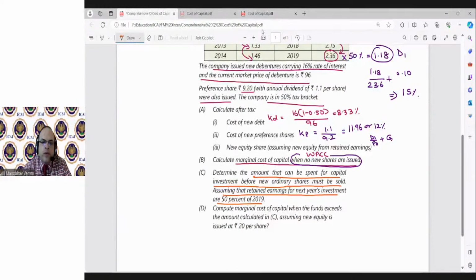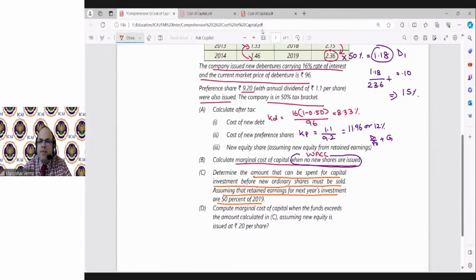So, one thing is for sure, if we are looking at an additional issue, what would be the maximum amount that could be spent here? We are talking about issue of or use of retained earnings. I'm pretty sure that's what everyone understands here.